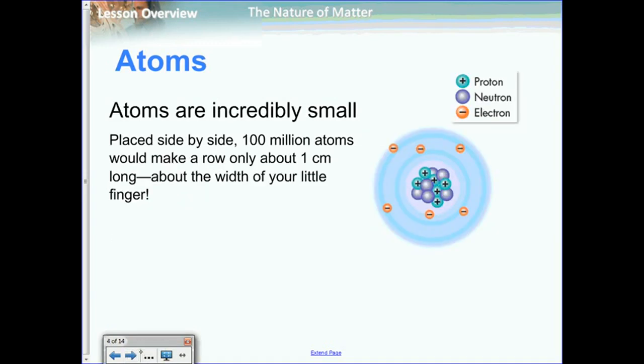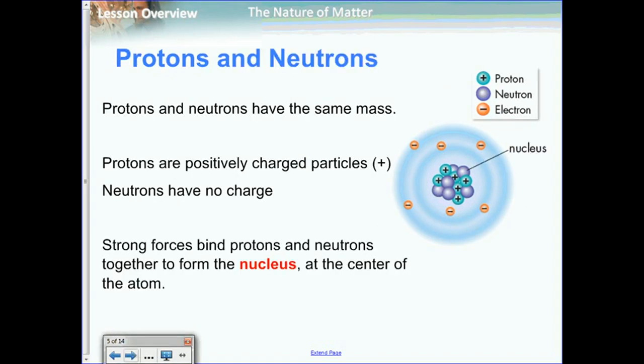Atoms are incredibly small. So if you place 100 million atoms side by side, they would make a row only as wide as your little finger. So even though they are incredibly small, they are still made of protons, neutrons, and electrons. First, we'll talk about protons and neutrons. Protons and neutrons have almost the same mass, so very similar in mass.